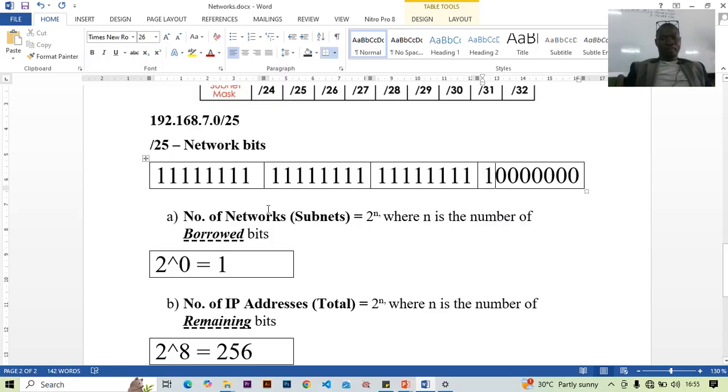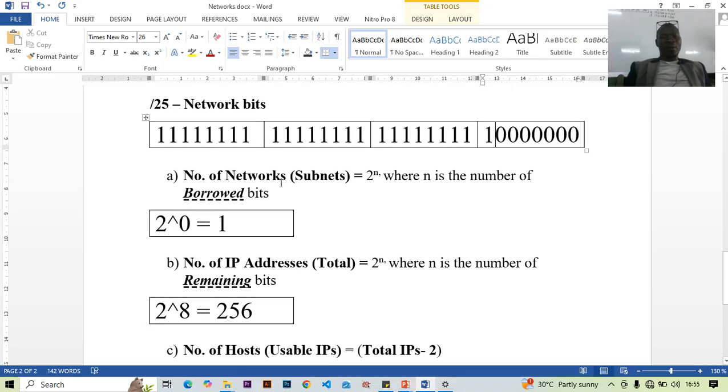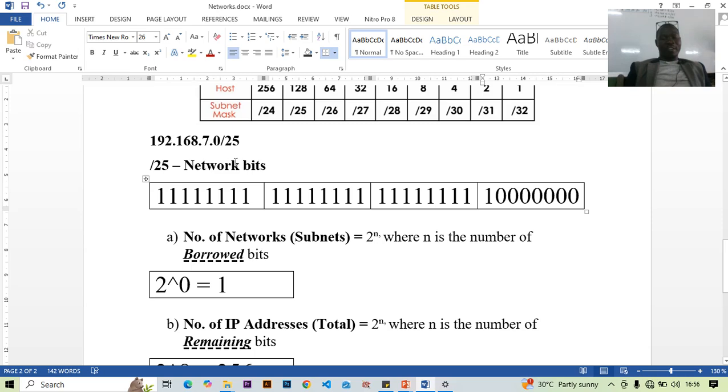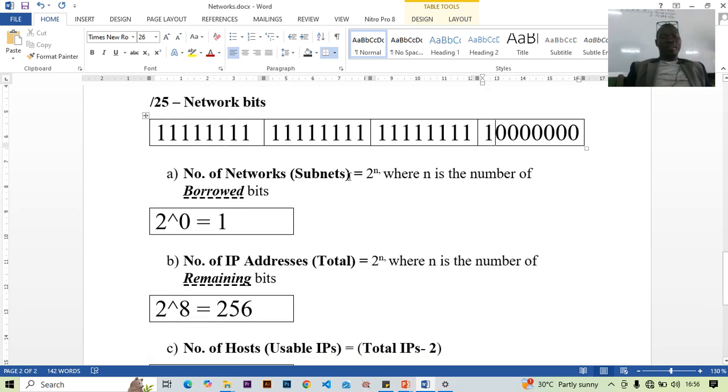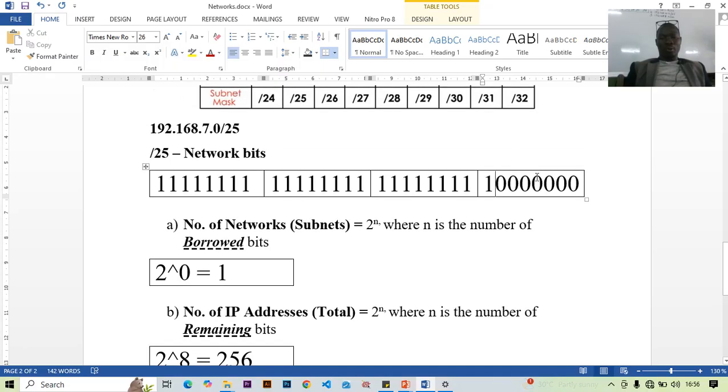So now, how do we find the number of networks that can be created in this given IP address? It's given by the formula 2 to the power n, where n is the number of borrowed bits. How many bits did you borrow? We borrowed 1 from this other octet here to add into our network bits.